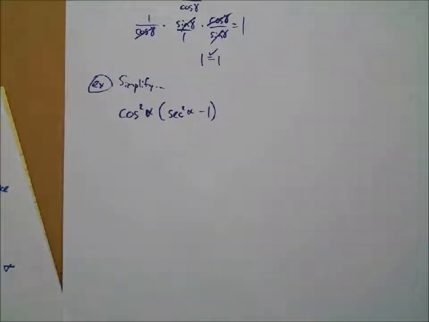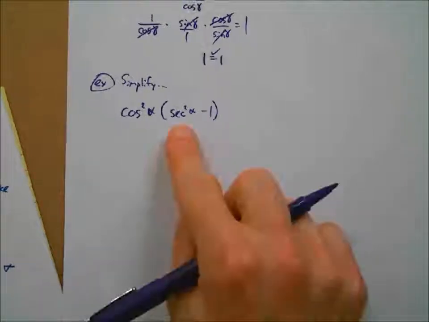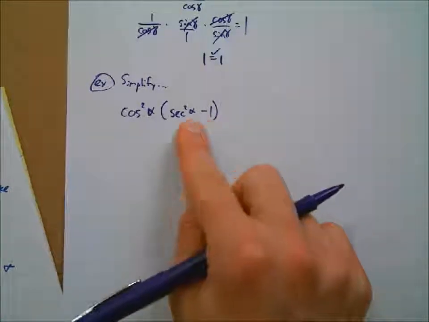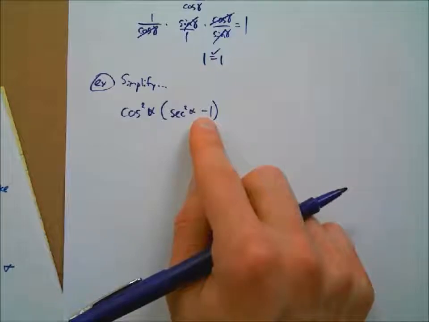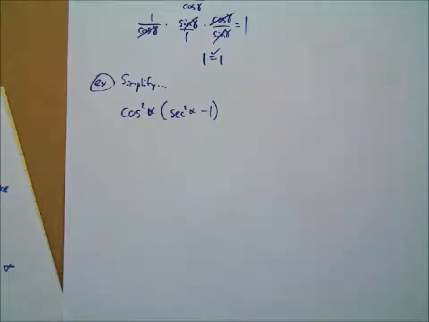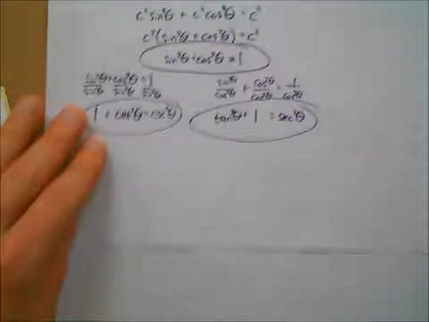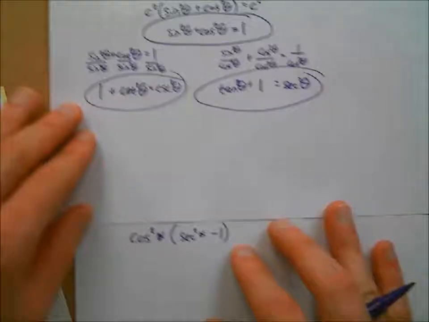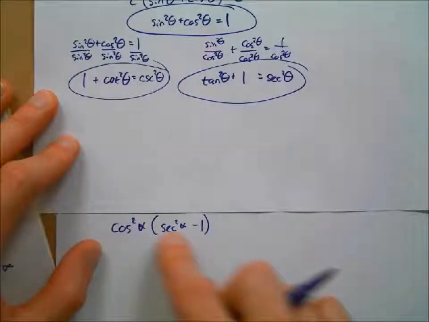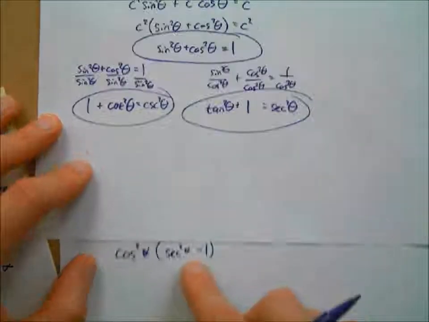Another option is, this looks awfully close to one of our identities we just learned. If we go back to those identities we just talked about, which one of the three does that secant squared alpha look like, or could we manipulate to be?